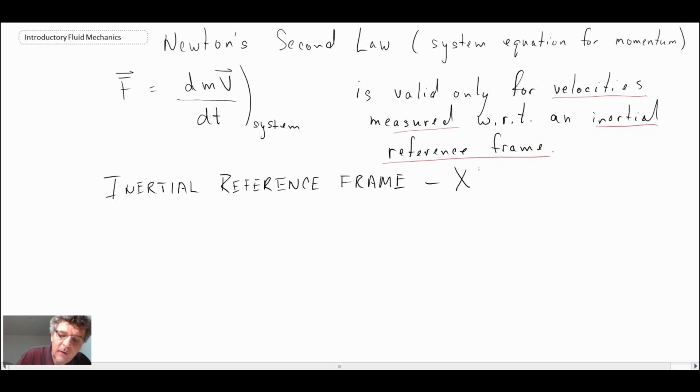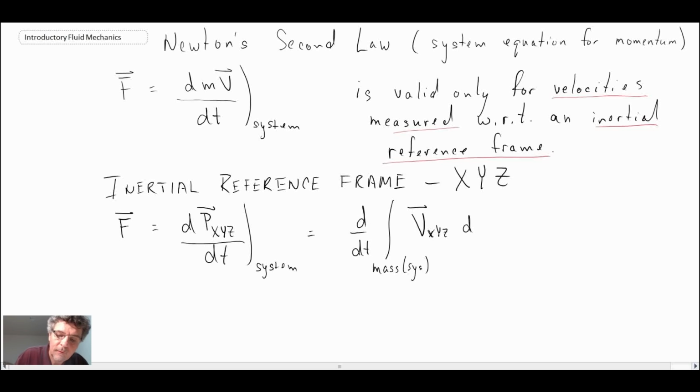And if you recall before, when we looked at control volumes moving at constant velocity, we gave that capital X, Y, Z. So Newton's second law, then we have the force and momentum, which I will express as P. And what I'll do, I'll bring the derivative inside of the integral.